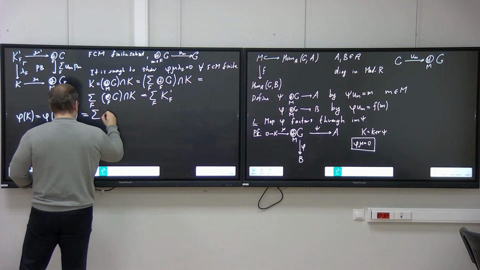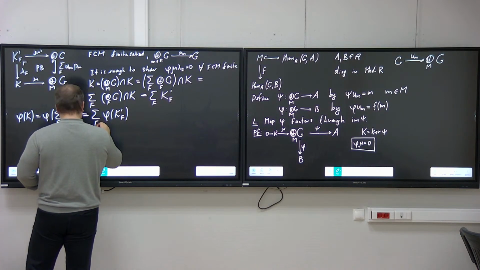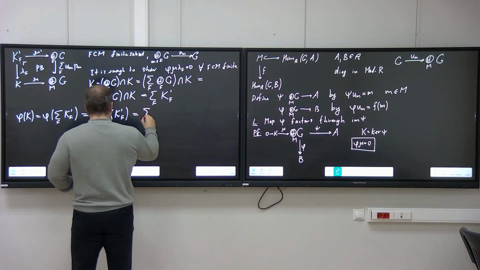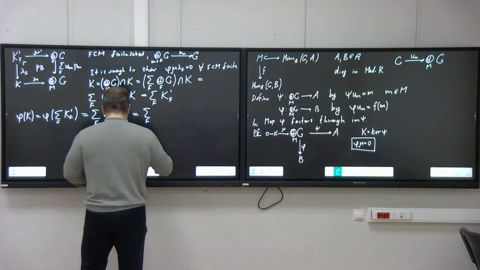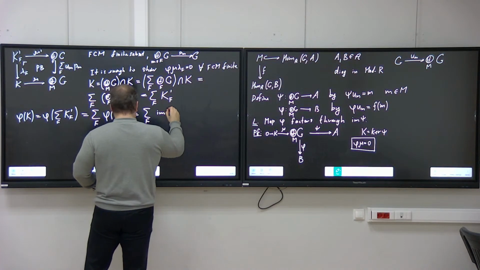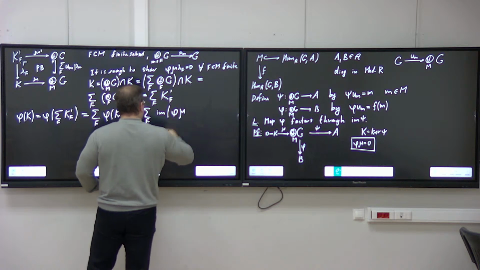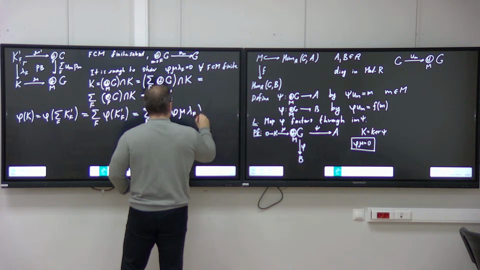So this will be the sum of the phi of the K prime F. And this phi of the K prime F is precisely the image of the map, which is phi mu and lambda sub F.